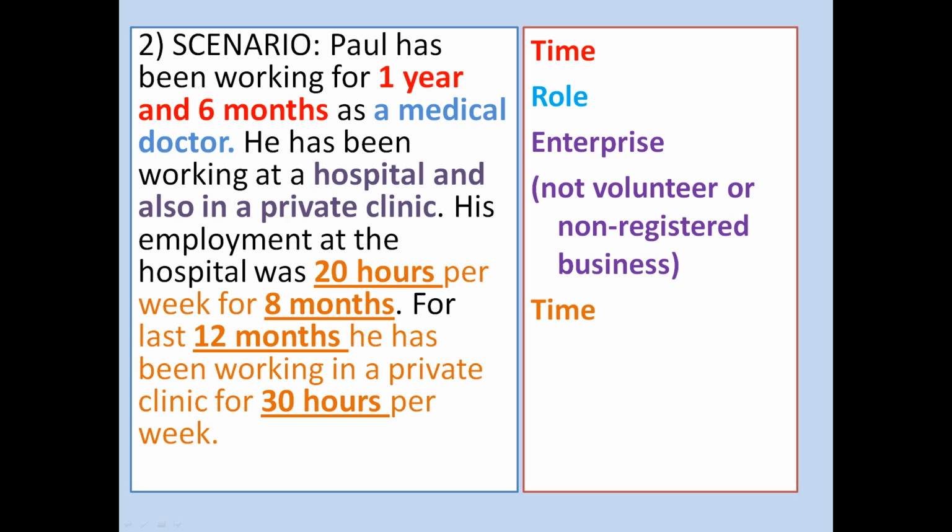He's not volunteering somewhere either, because those are difficult to prove and they don't count as experience anyway because it's not paid. So he works at a hospital and also in a private clinic. These are definitely registered businesses that will be easy to prove as well. And then finally we have another one which relates to time: he has 20 hours per week for 8 months and 30 hours per week for 12 months.